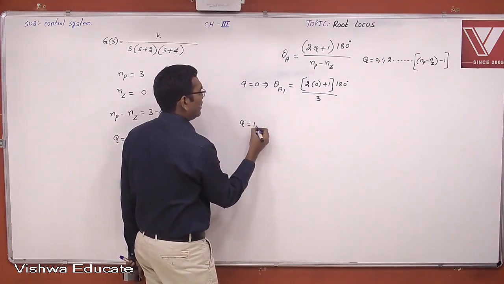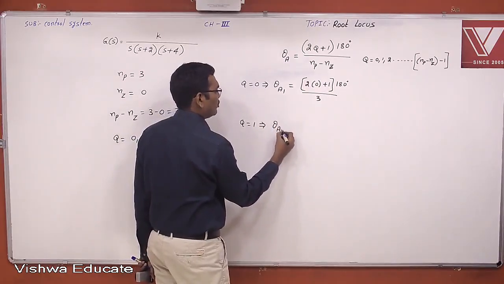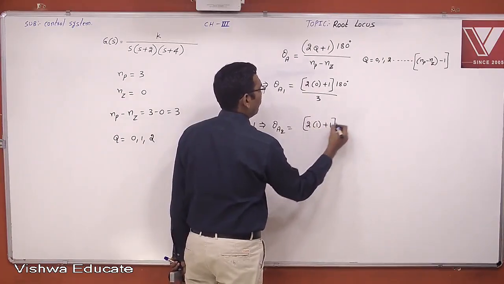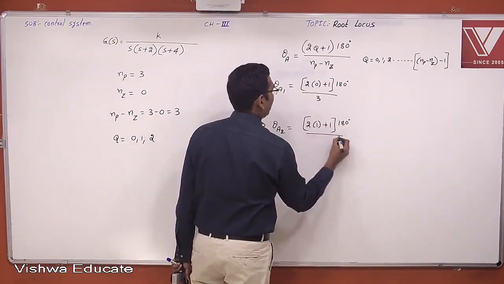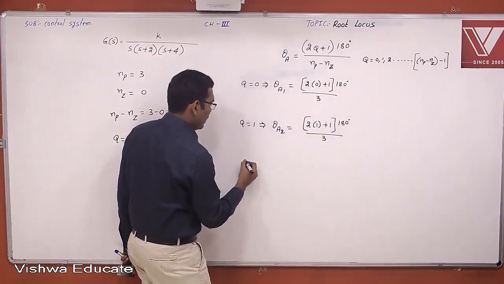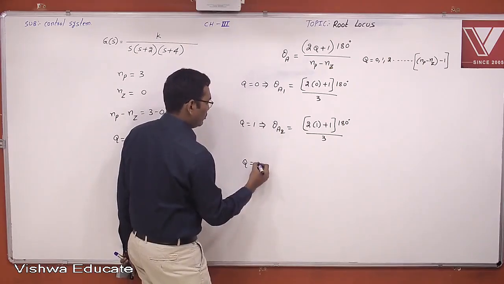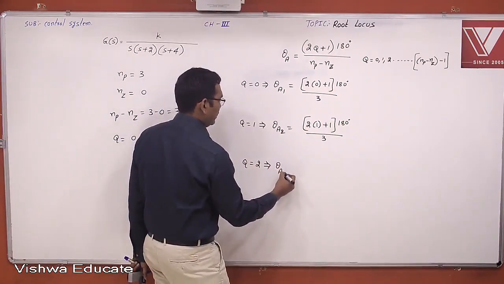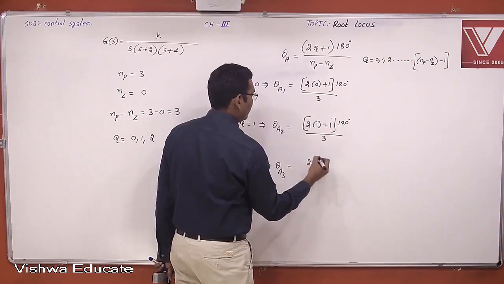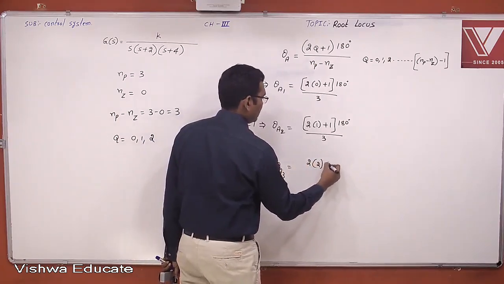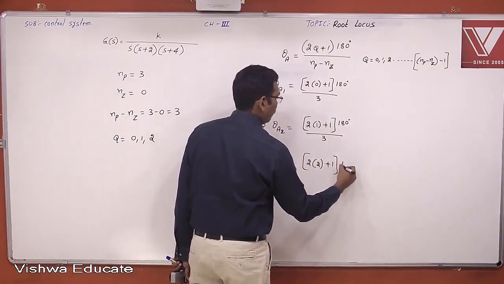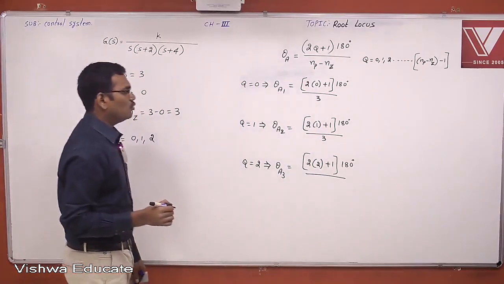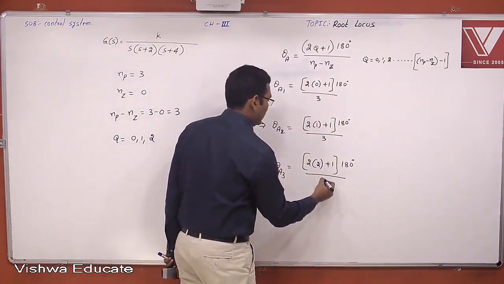The second angle of asymptote, theta A2, is (2 into 1 plus 1) into 180 degrees by 3. The third angle of asymptote, theta A3, is (2 into 2 plus 1) into 180 degrees by 3.